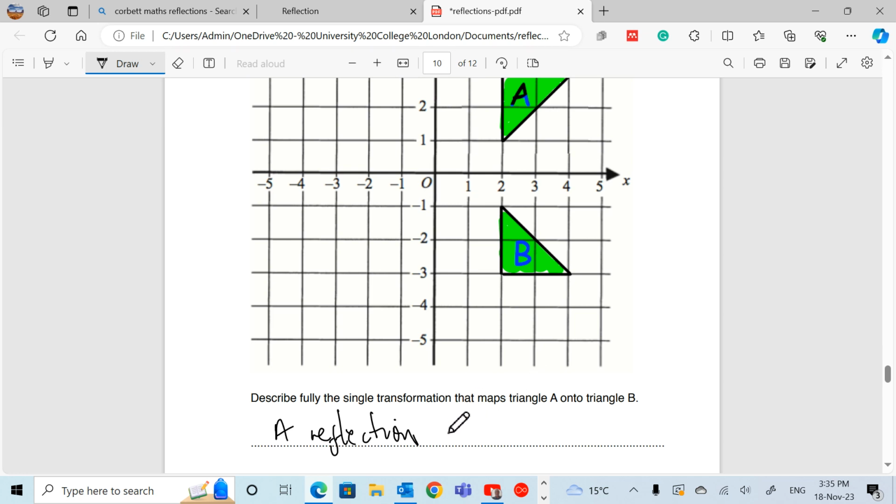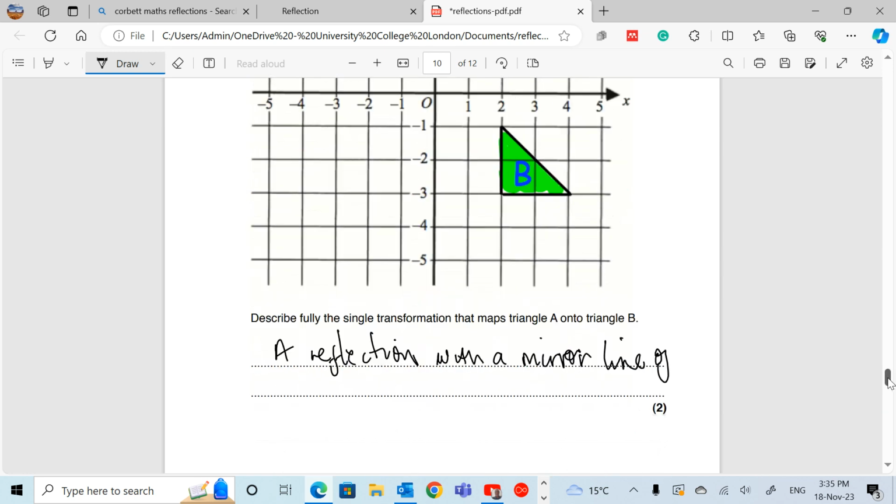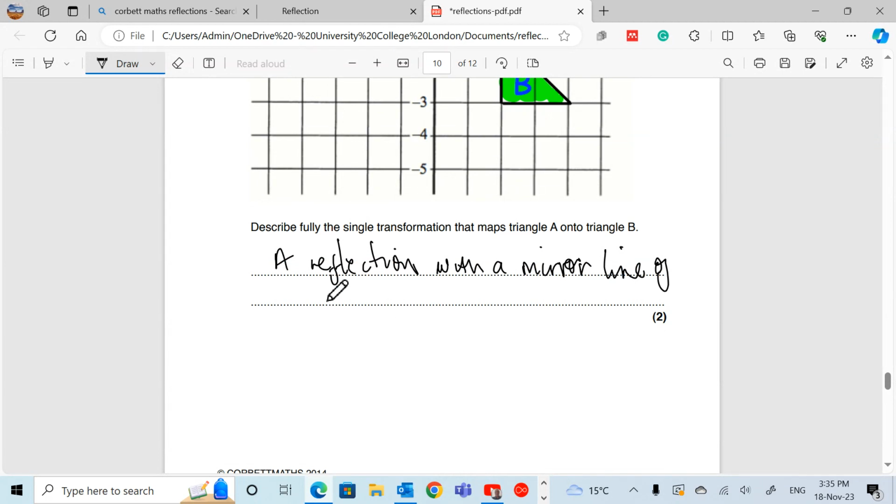So with a mirror line of the x-axis, or a reflection in the x-axis, or a reflection with a mirror line of the x-axis. The x-axis.